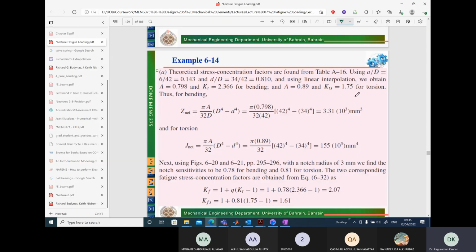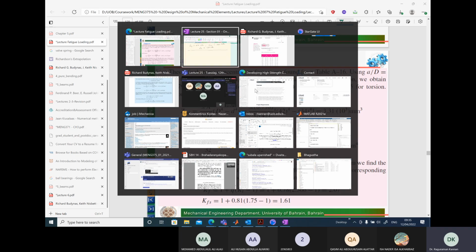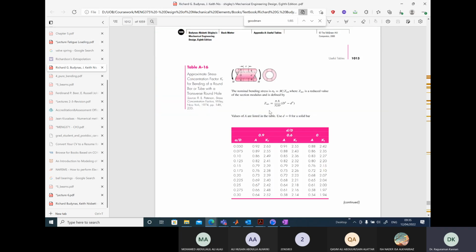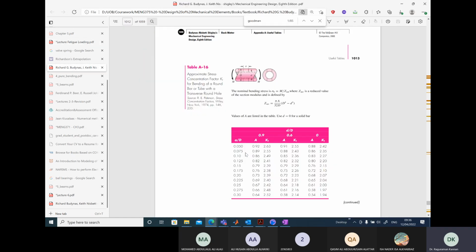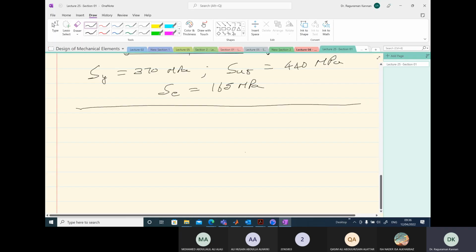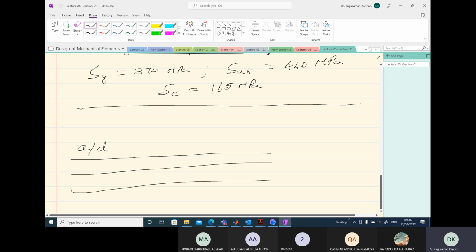So first let's take a look at the table here, and we can see A over D ratio. Let's see, I'm going to write A over D ratio. Because we have to do interpolation, we will definitely need three different values.